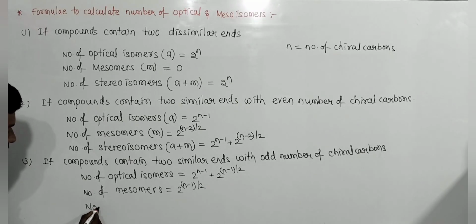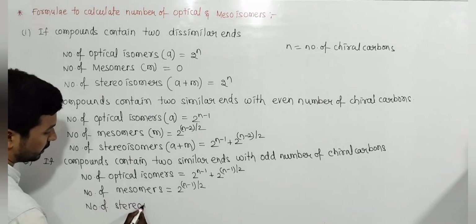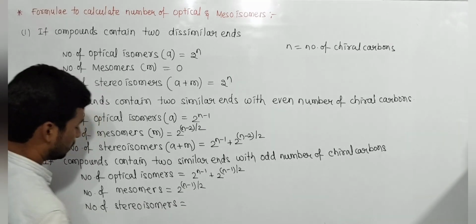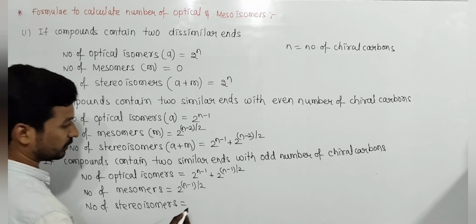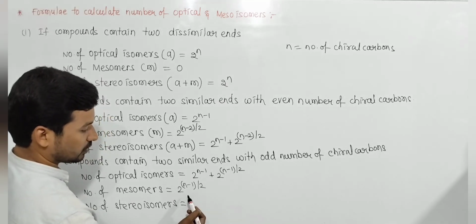The number of stereoisomers is equal to optical isomers plus mesoisomers. Do these two cancel or not?